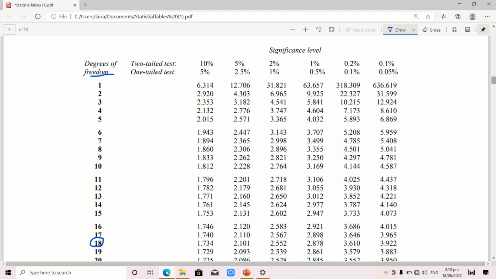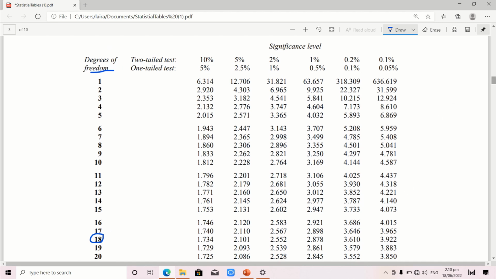And then our significance level, or our alpha level, is 0.05 under two-tailed test. So two-tailed test, and then we look for 0.05, which is 5% equivalent.